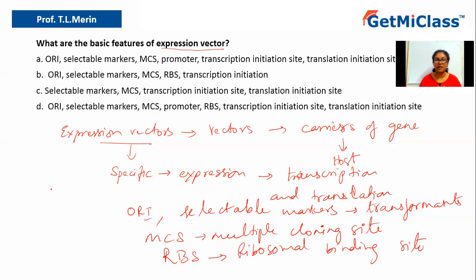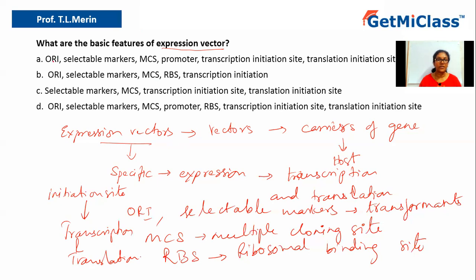They should have an initiation site for transcription as well as for translation. So these are the basic requirements of any expression vector.